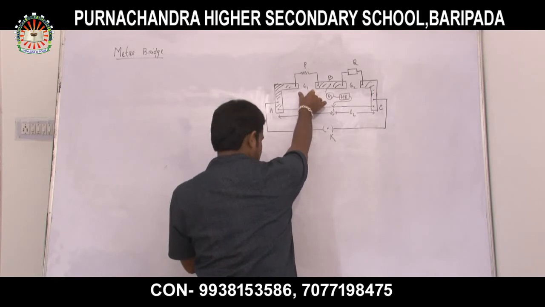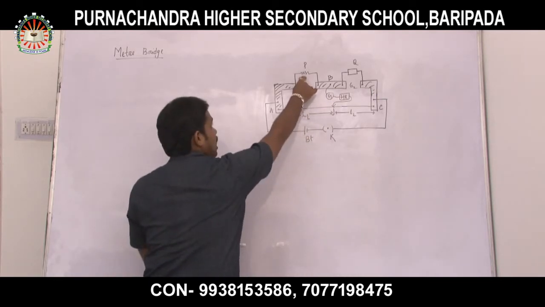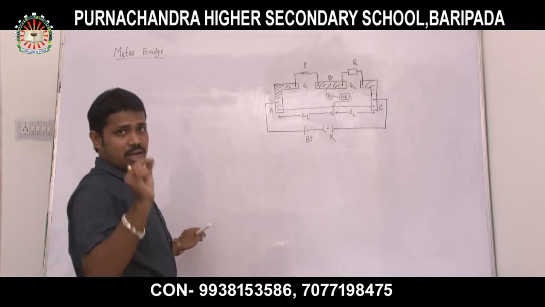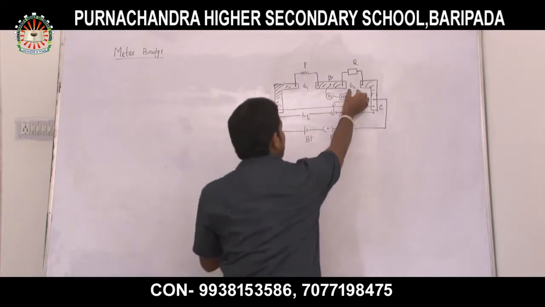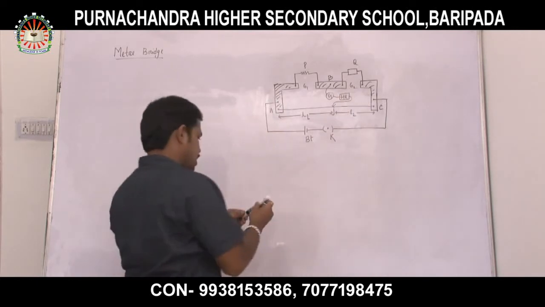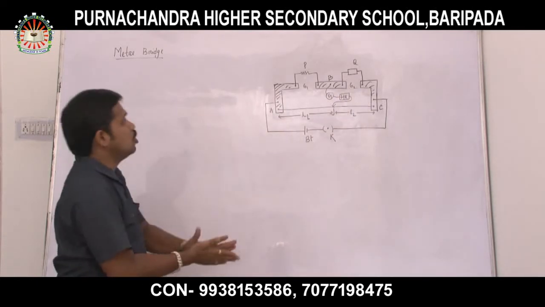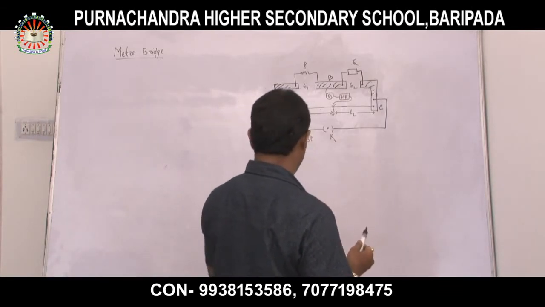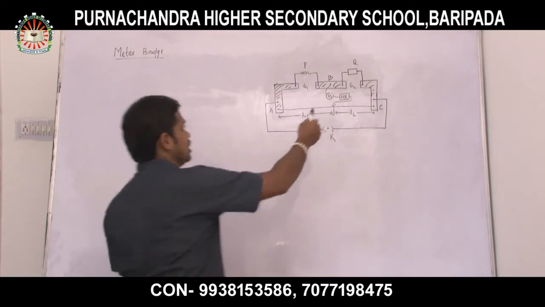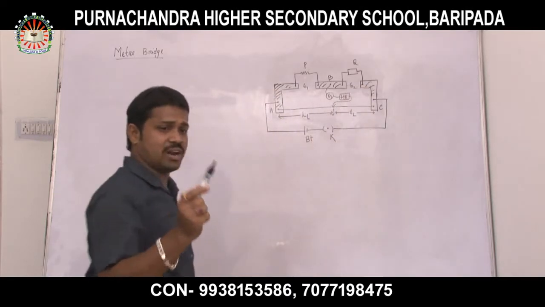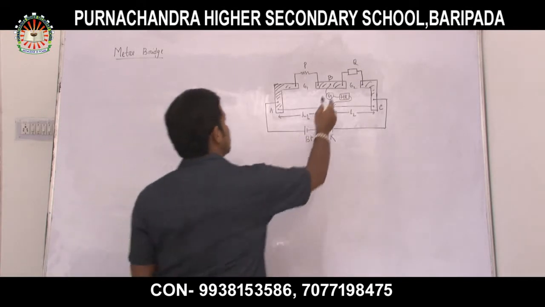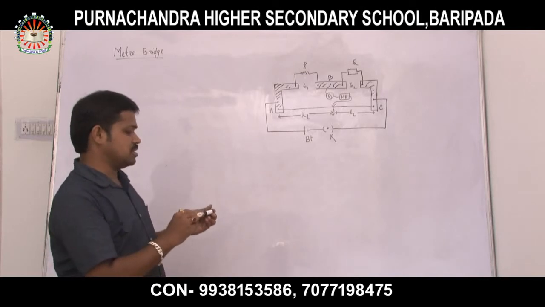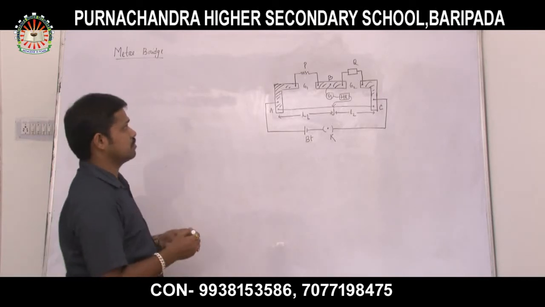In the gap G1, we connect an unknown resistance P. I'll repeat, we connect an unknown resistance P, and in the gap G2, we connect another resistance, the standard or known resistance, Q. So P is the unknown resistance and Q is the standard or known resistance. Understood all of you?